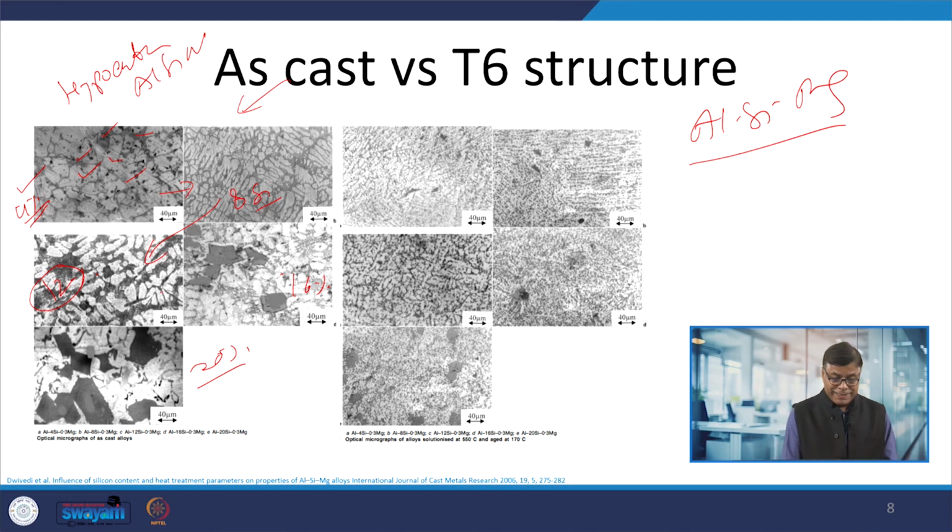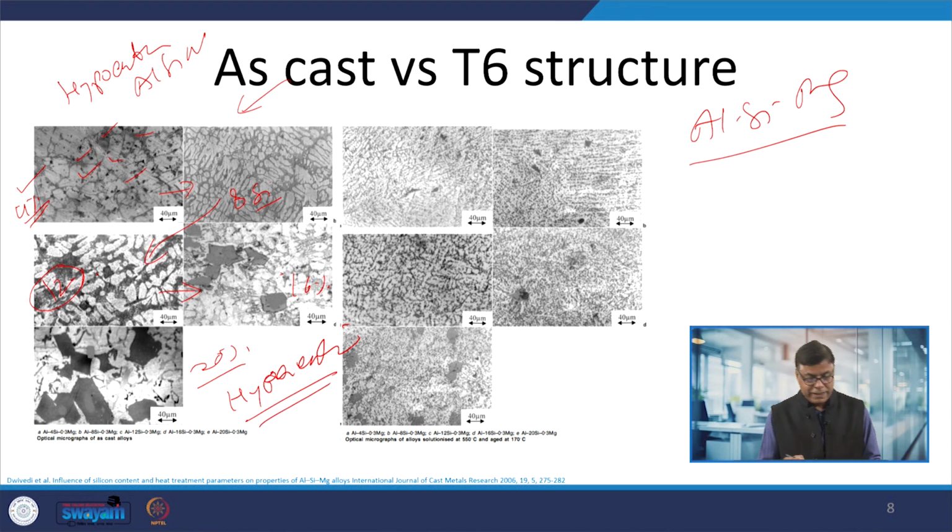On further increasing the silicon content beyond the eutectic composition, that is the hypereutectic system, hypereutectic aluminum silicon alloy, what do we get? Presence of additional phases in the form of primary silicon particles in the matrix of alpha aluminum and eutectic mixture.